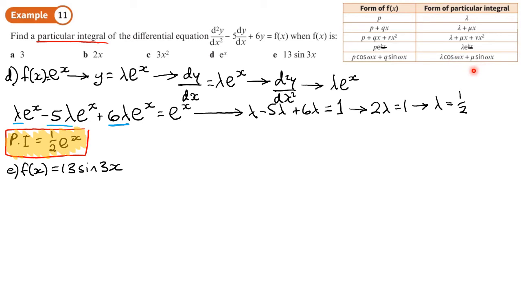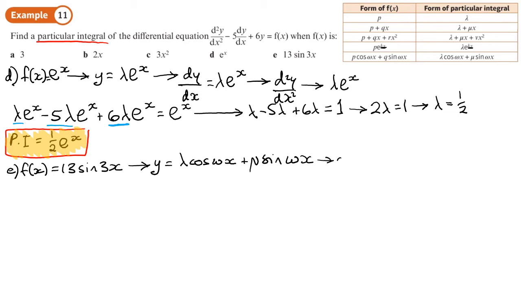You need the whole function. Yeah, so that's really important, otherwise everything's going to go wrong after that. So y equals lambda cos omega x plus mu sine omega x.